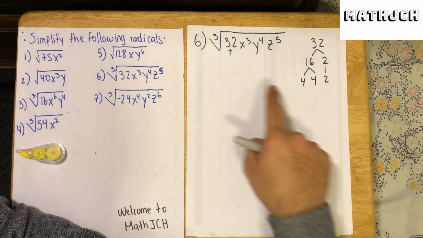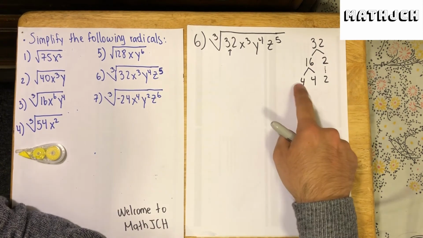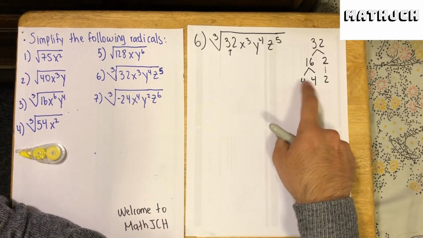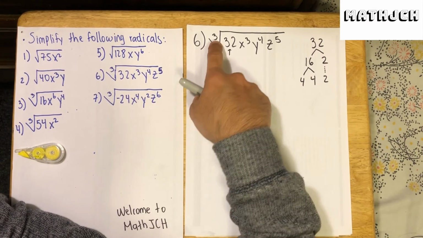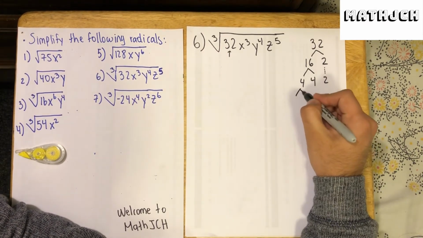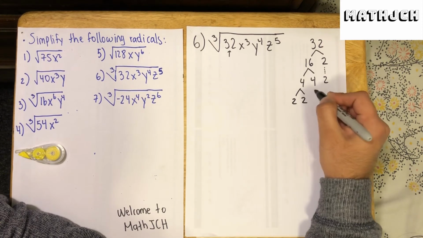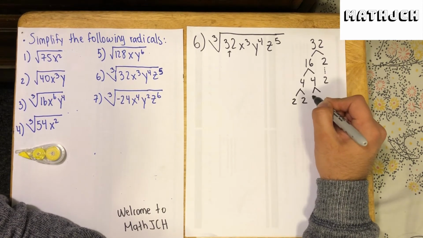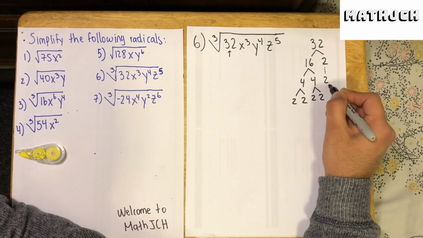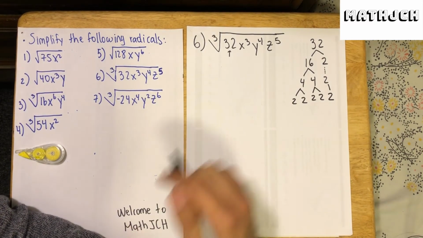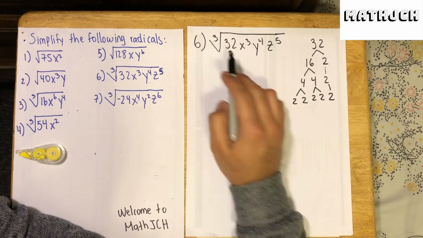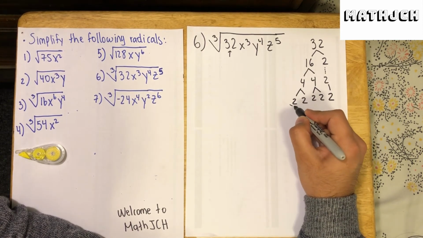Now, we still don't have something power 3. We have something power 2, which is 4 times 4, but we need something power 3 because our index is 3. Now 4, we could break it down into 2 and 2. That other 4, we could also break it down into 2 and 2, and bring down that 2 here. Now, we need something to a power 3, and we have already found it.